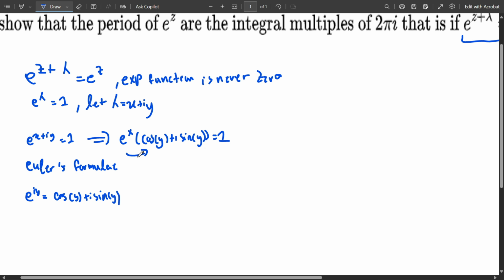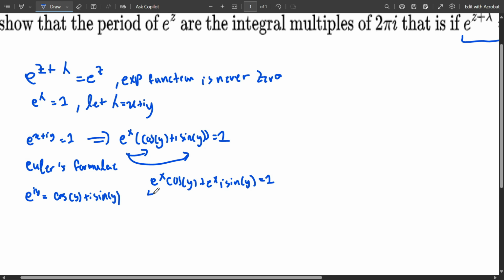We can distribute e to the x. We have e to the x cosine y plus e to the x i sine y equals 1.